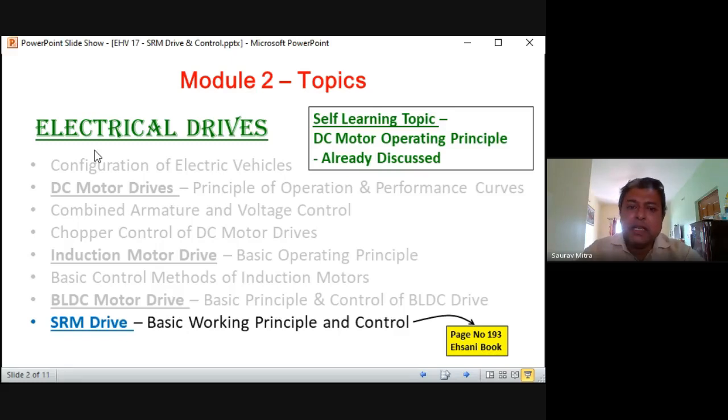Module 2 mainly has 2 parts, as I told. The first part is the SI and CI engine, that is the petrol engine and diesel engine. We have seen the difference between the petrol engine and the diesel engine, and then we entered the field of electrical drives. So module 2 is all about generation of the power which is required to drive a car.